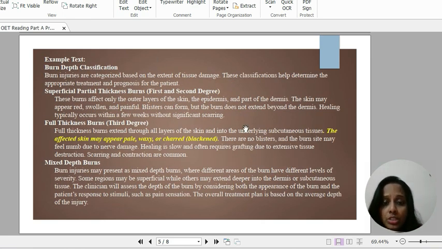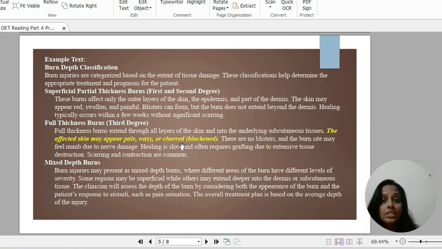What is the characteristic of full thickness burns? So here is the paragraph full thickness burn, and under that if you see the affected skin may appear pale, waxy or charred. If you write the exact words given in the passage, you will get the correct answer.